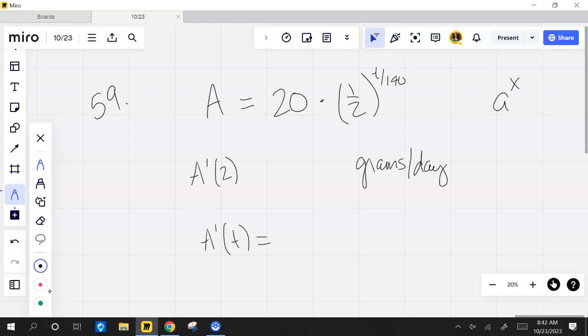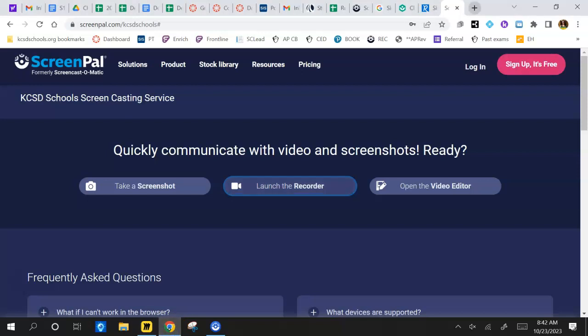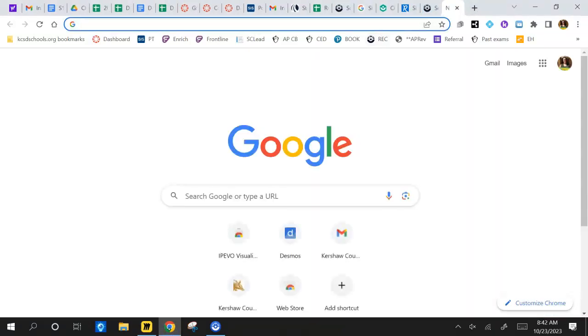I will show you right now how to put it in the calculator. When you're finding a derivative on your calculator at a specific value, I still tend to put the function in y1 instead of typing the equation in. It's just my favorite way to do it. Let's see. No, that's not what I go to anymore, is it?